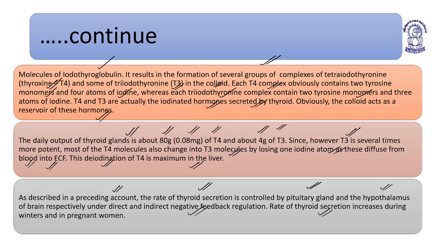The rate of thyroid secretion increases during winters and in pregnant women. Very important, because at this time there is a requirement of high BMR, basal metabolic rate.